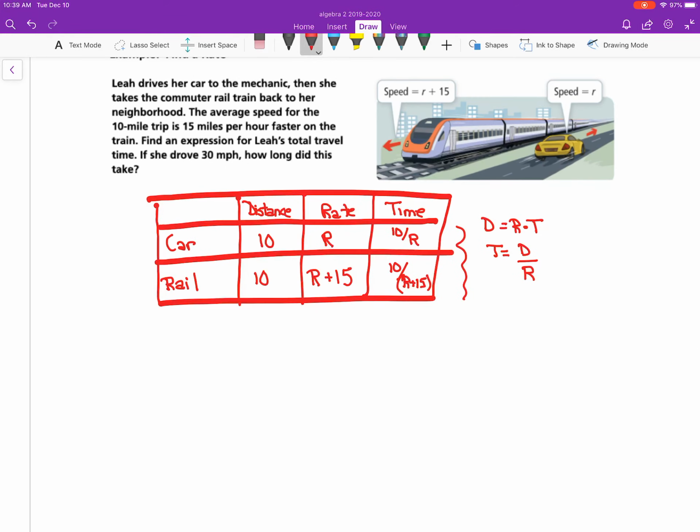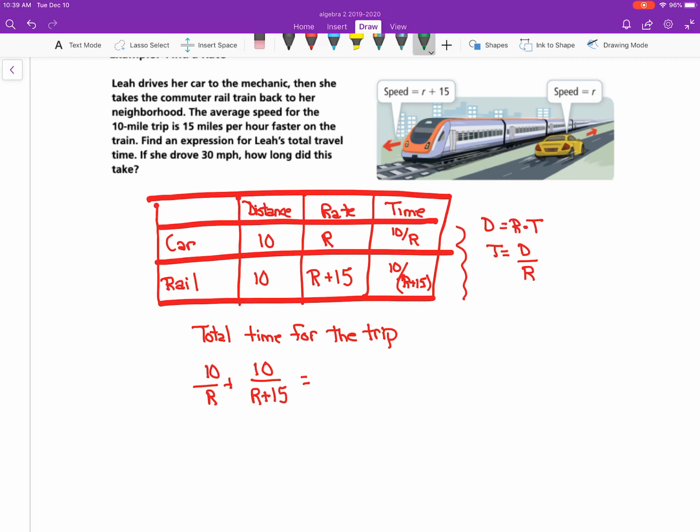So the total time for the trip is just going to be 10 over R plus 10 over R plus 15. And then you just need to simplify that.